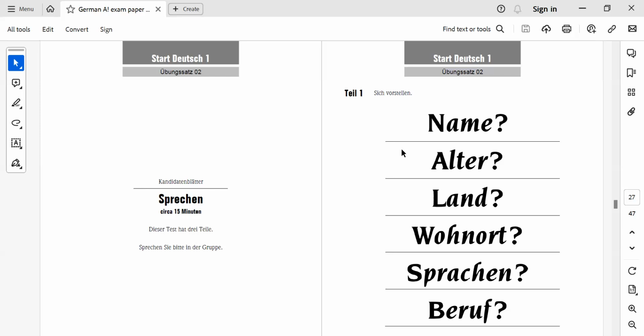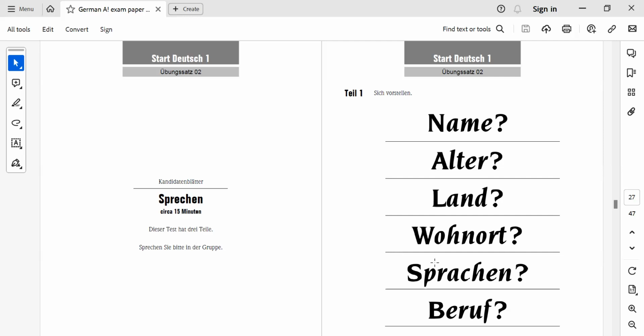So this is how. Then she might ask your telephone number, or she might ask the spelling of Indian. "Können Sie bitte Ihre Telefonnummer sagen?" So could you please say your telephone number? My telephone number is 8072. So there they test the numbers, whether you have learned them properly.